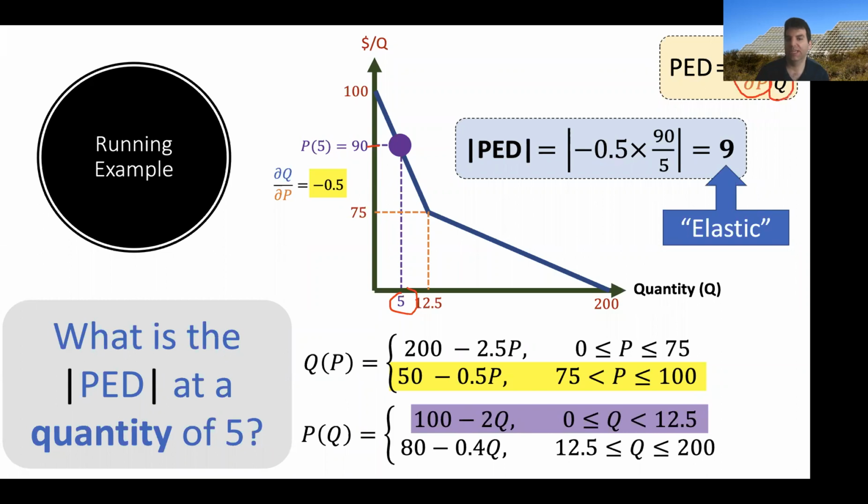So I'm going to give you one of these, Q or P. You have to calculate the other one. And then once you know both, you go to the curve, you draw a tangent line, and you figure out the slope of that tangent line. And if you're clever or more comfortable with the math, you can take the partial derivative applied to the right function down here, and you get the same thing out. But it's okay just to do the slope of the tangent line.